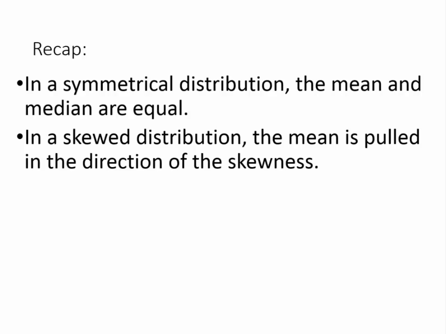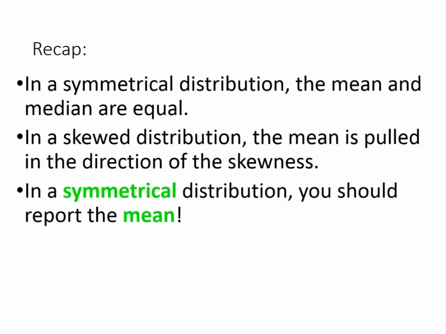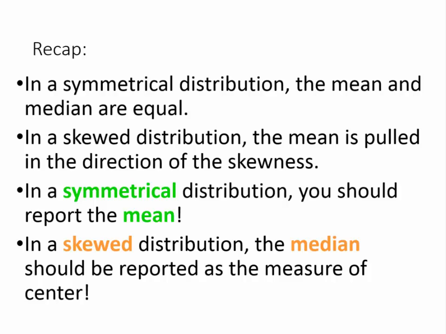And in a skewed distribution, the mean and median are different. The mean is pulled in the direction of the skewness, and so we would talk more about the median. Okay, so one more time in case we didn't catch it. In a symmetrical distribution, we give the mean for the average. In a skewed distribution, we give the median as the average.